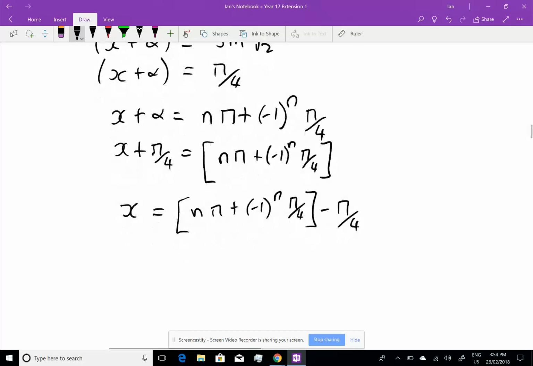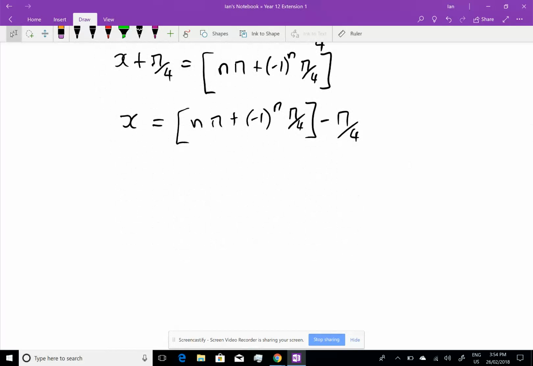Now, I can get all the values that will give me the solutions to that, and if I start with n equals 0.